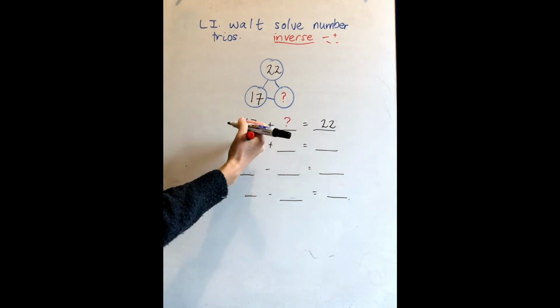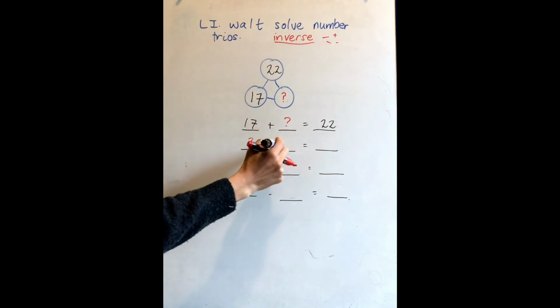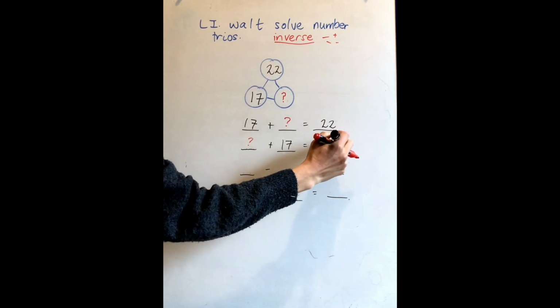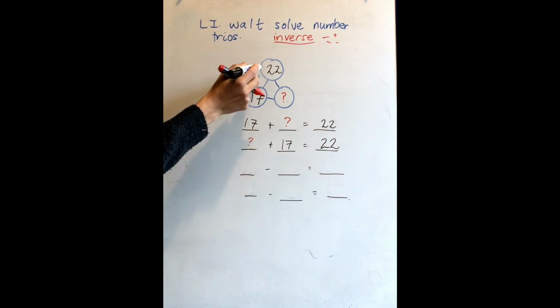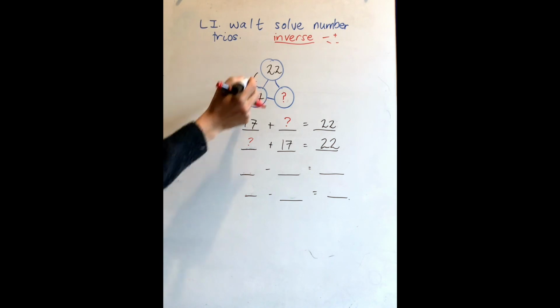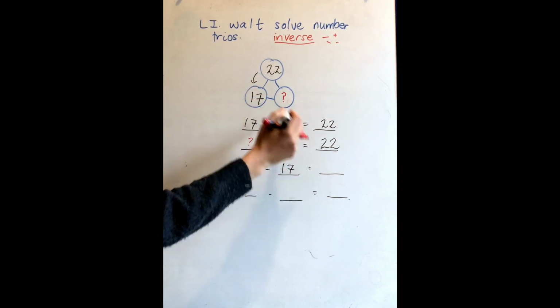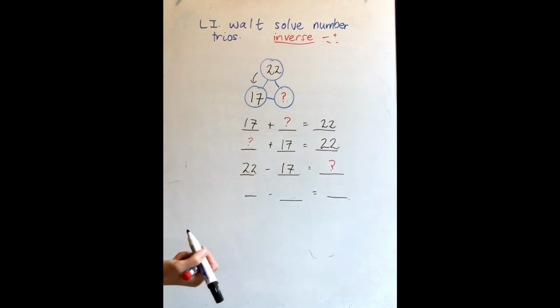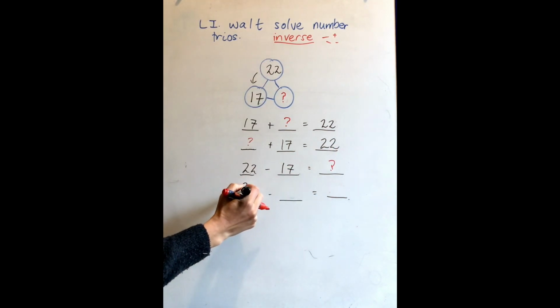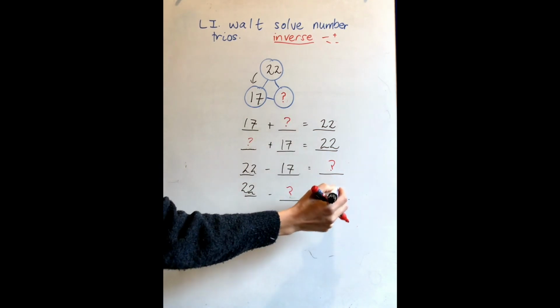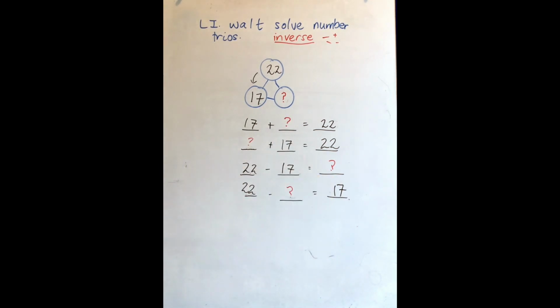We know that the mystery number add 17 equals 22. We know that 22 take away 17 is equal to our mystery number. And we also know that 22 take away our mystery number is equal to 17.